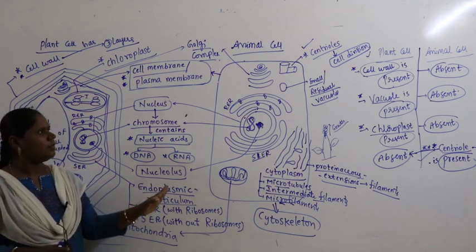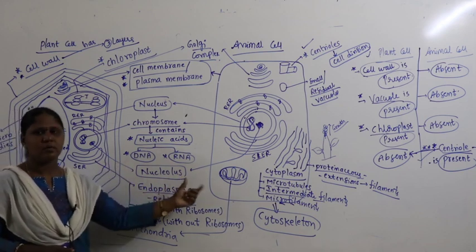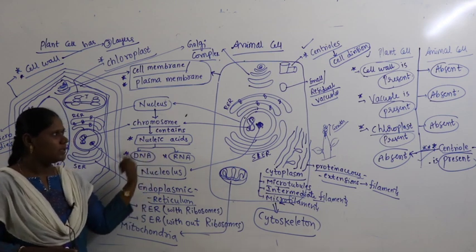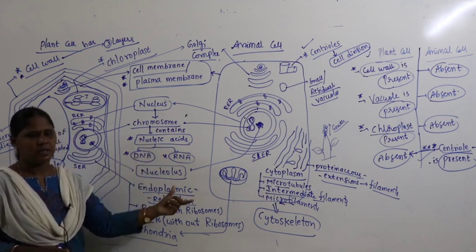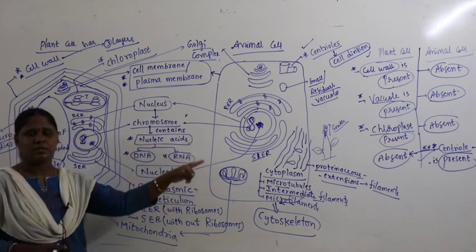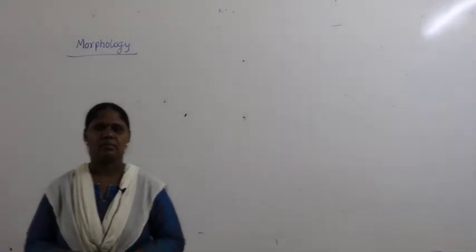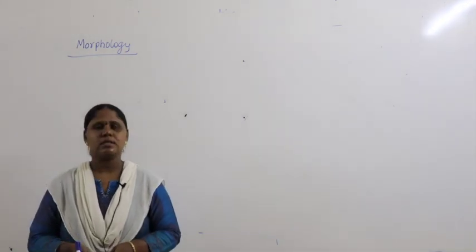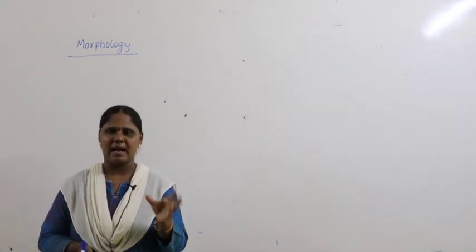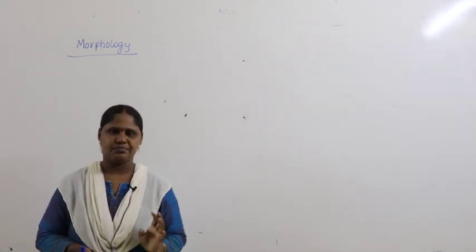So basically, quickly recollect all the similarities between plant and animal cell, and make sure that you remember the differences between them. So we discussed the clear differences between plant cell and animal cell.